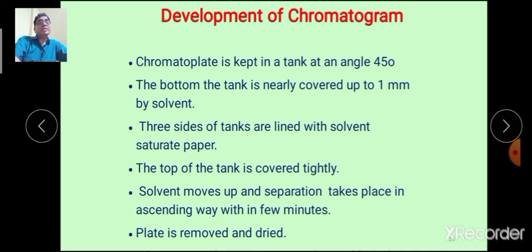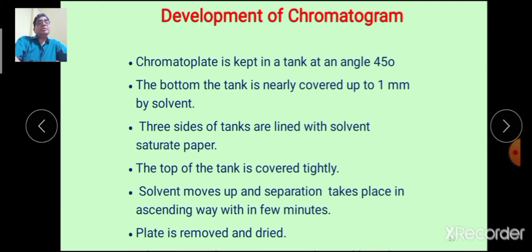The solvent is kept at the bottom, that is, it is a variety of ascending paper chromatography. Okay, and thus the development of chromatogram is done. The solvent front is allowed to run for the required distance or required time.